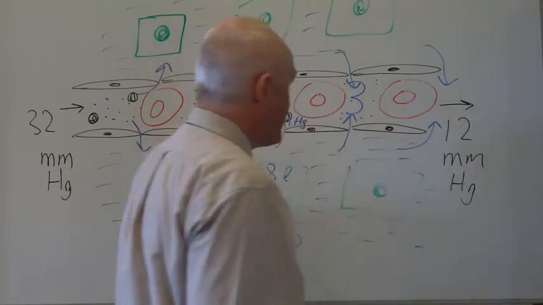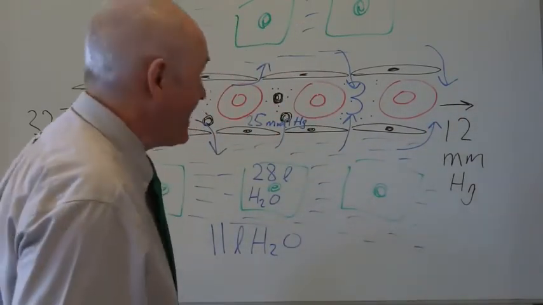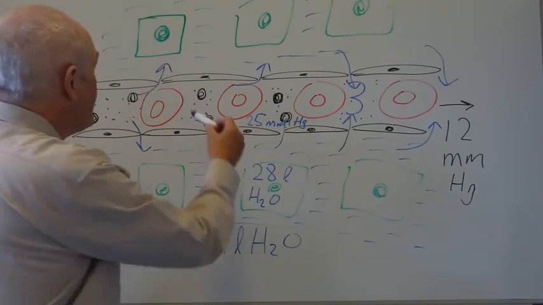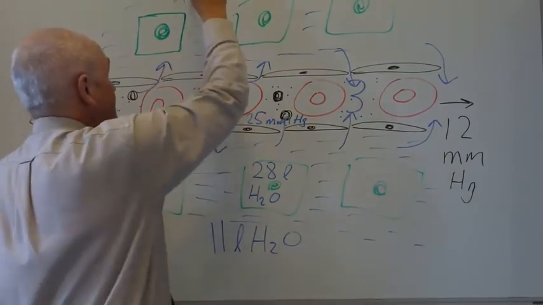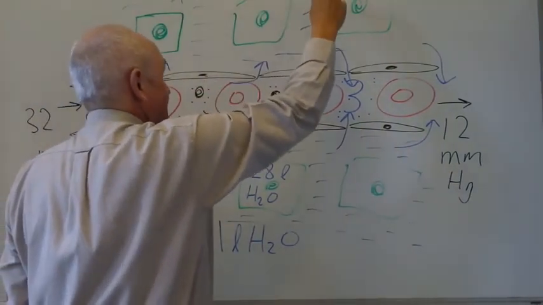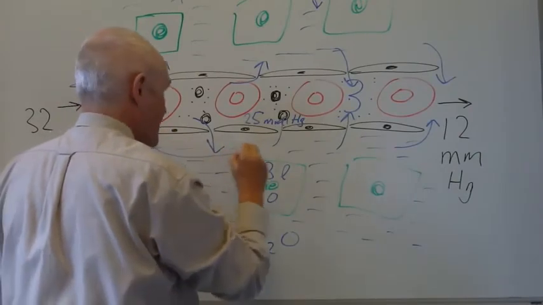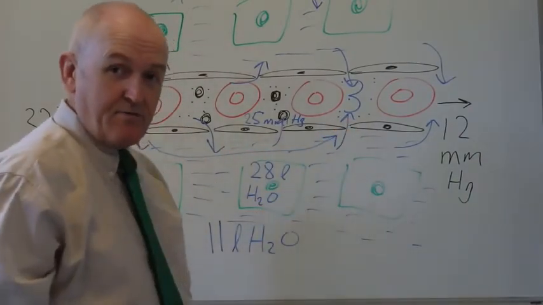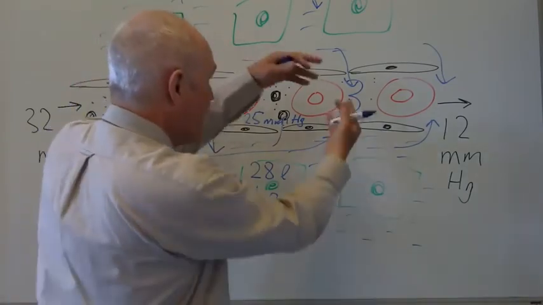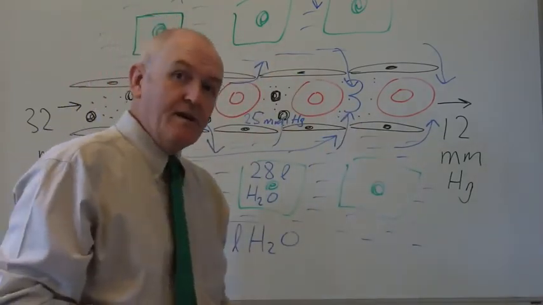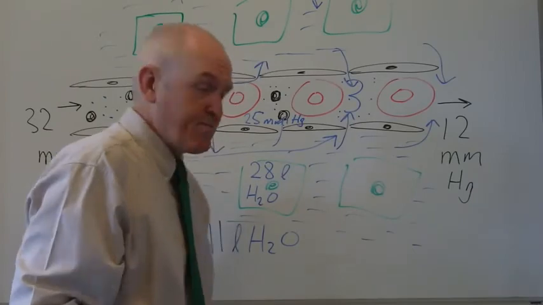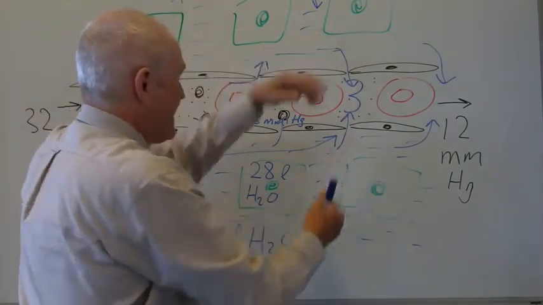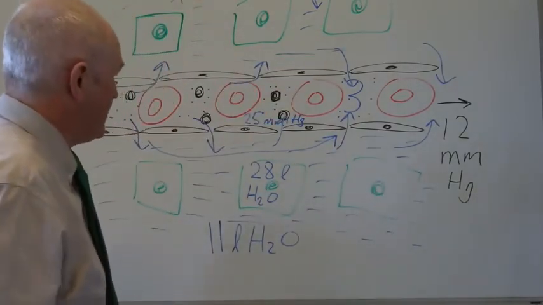And this is good because it means we get a microcirculation of tissue fluid. Tissue fluid formed at the arterial end of the capillary, circulating through the tissues, being reabsorbed at the venous end of the capillary, meaning we get a circulation of fluid through the interstitial spaces, bathing the cells, keeping the cells moist.